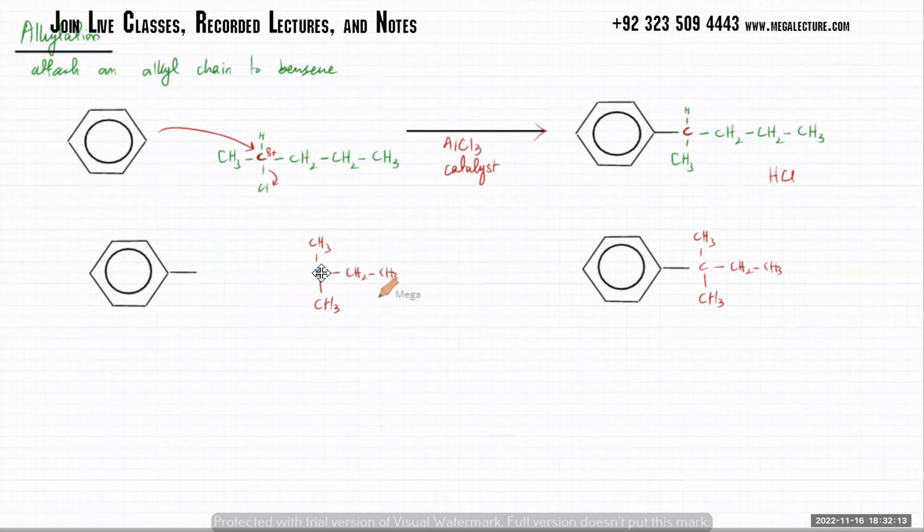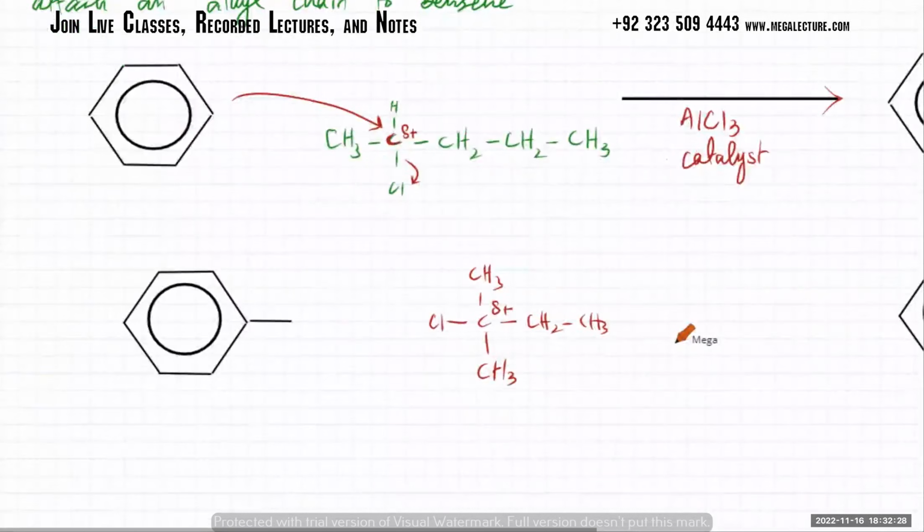So the Cl would probably be over here, attached to the carbon which made this carbon the positive carbon atom. And that is the reason this was the carbon atom that got attached to it. So the halogenoalkane, the halogen is going to be attached to this carbon atom.